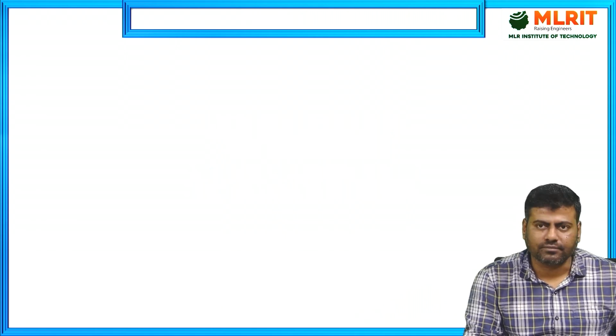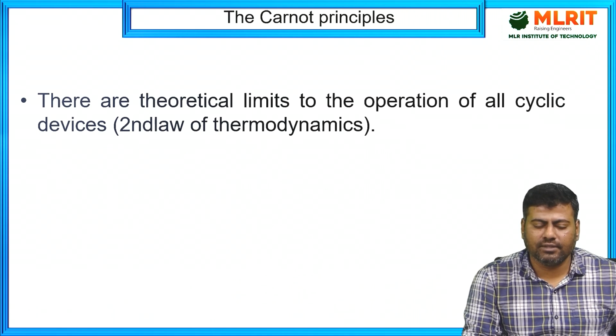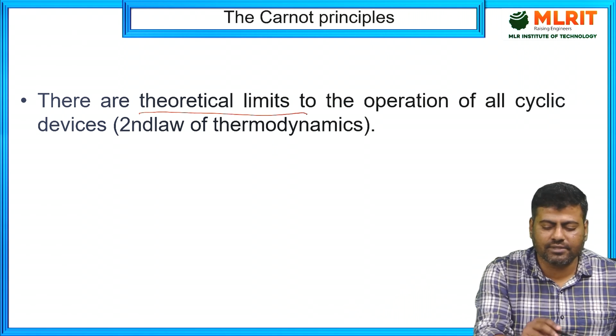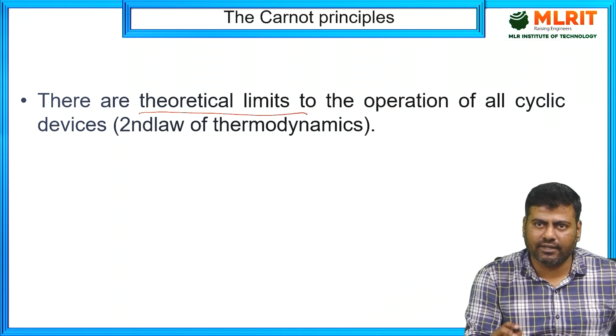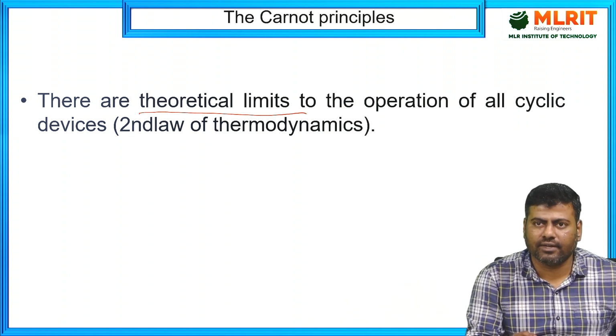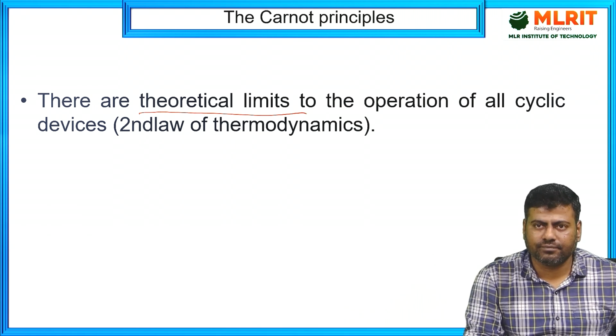Before entering into that, we will discuss the Carnot principle. This Carnot principle sets the theoretical limits to the operation of all cyclic devices. The heat engine has cyclic components and a cyclic process, so with that we can set the theoretical limits also.